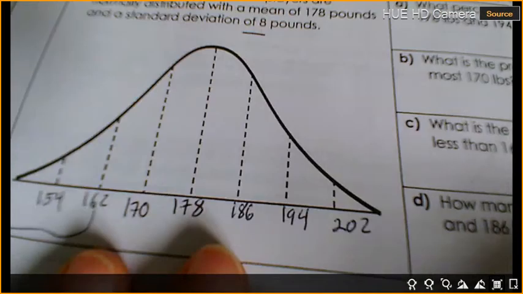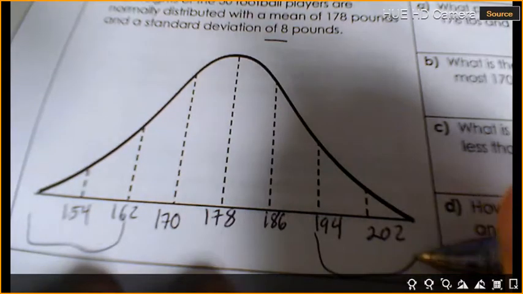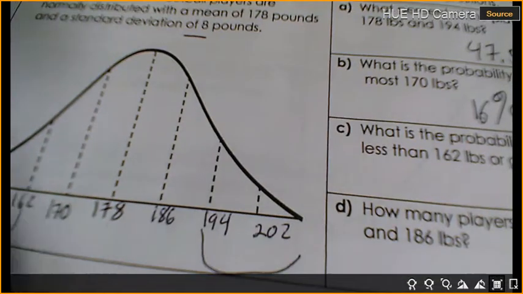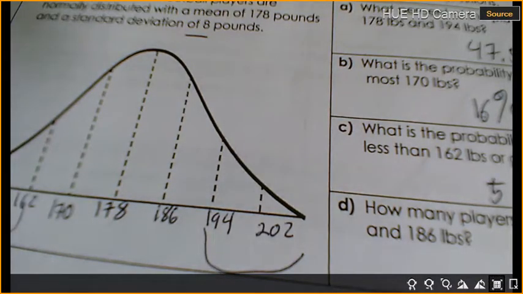Or more than 194, so I'm looking at this part right here. Correct. And what do we get? 5. Okay, so we get 5%.